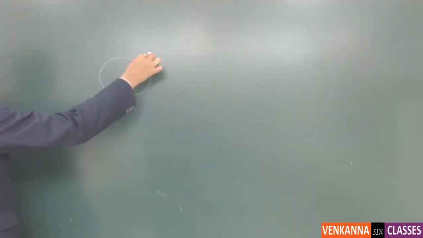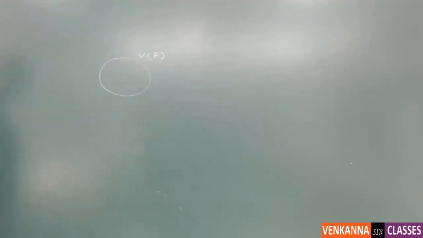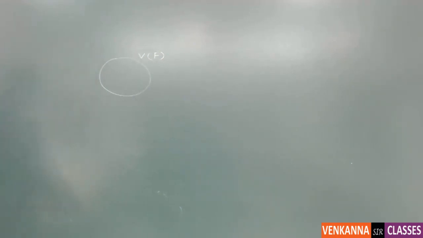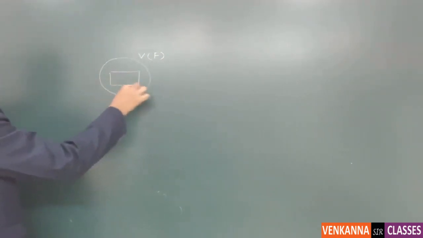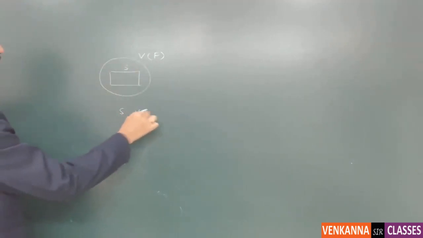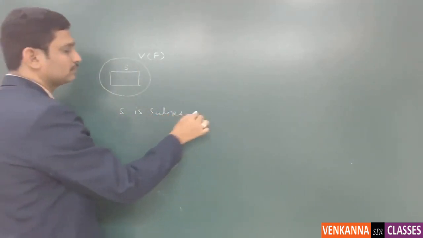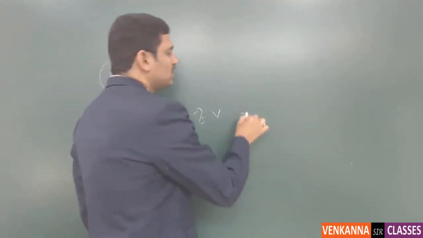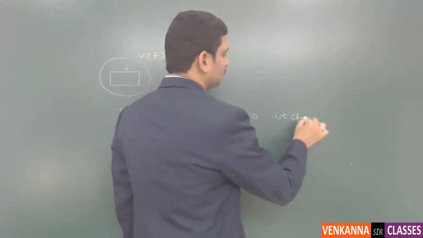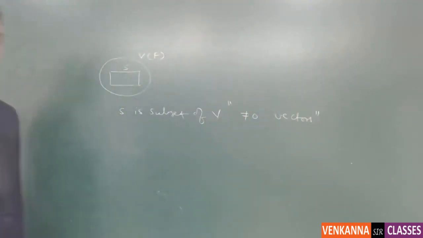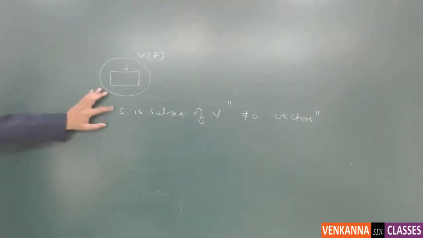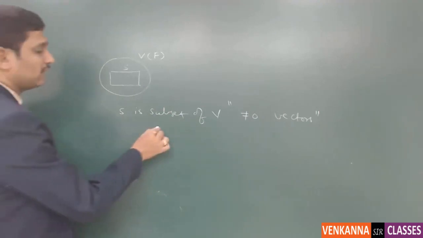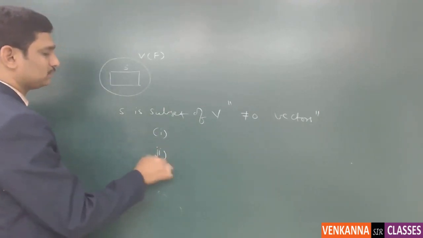Suppose you take a vector space V over F. In this vector space, we consider a subset S of V containing all non-zero vectors. We say that this subset is a basis of V if it satisfies two conditions.